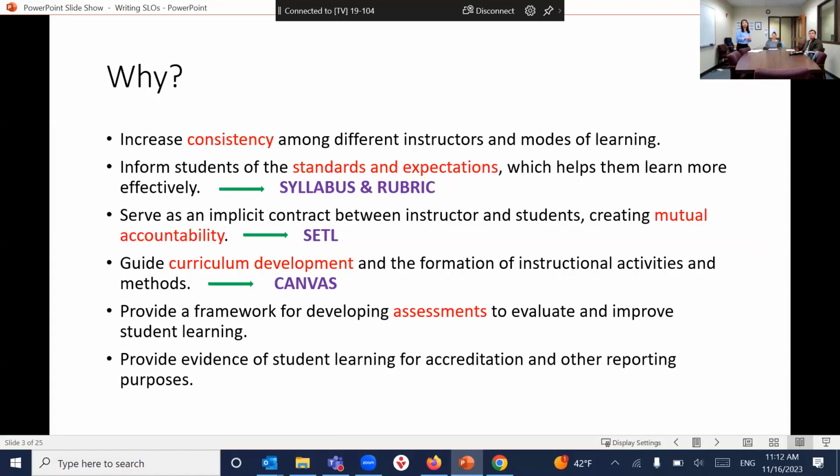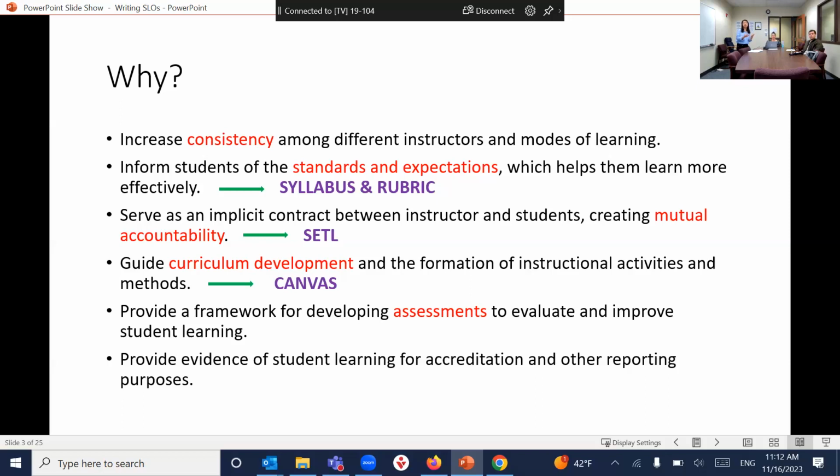So why should we have course learning outcomes? First, it helps increase the consistency among different instructors and modes of learning, particularly for those courses taught by multiple instructors. We want to make sure that the students have the same course learning outcomes, and are informed of the consistent standards and expectations in order to help them learn effectively.